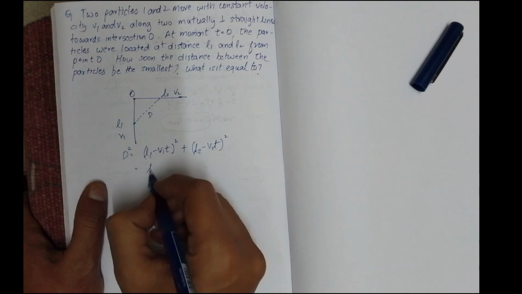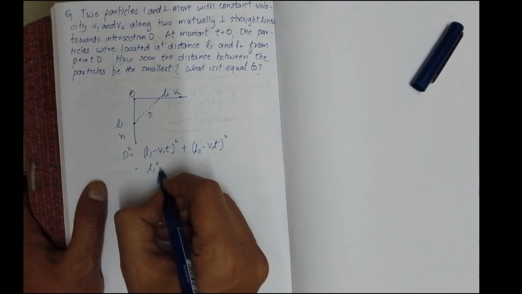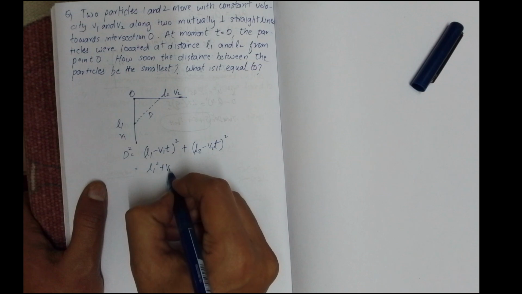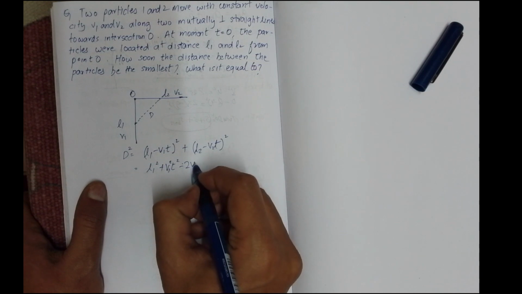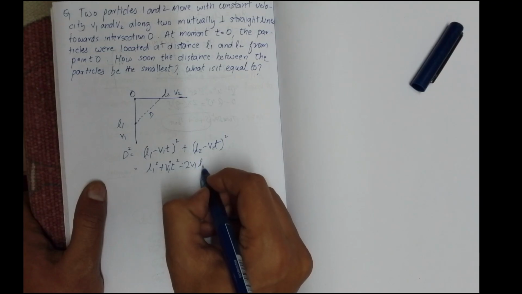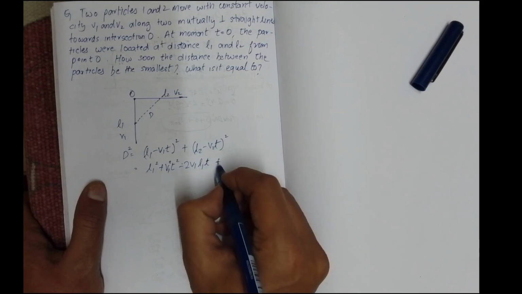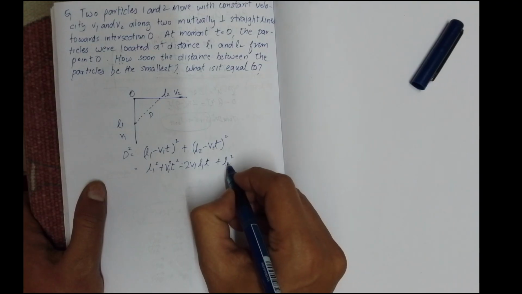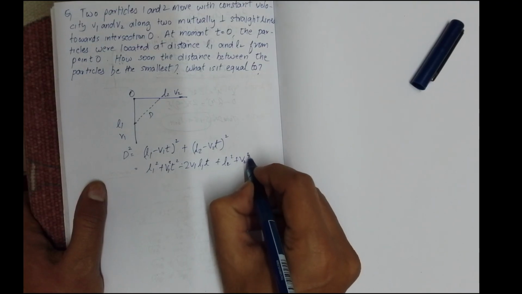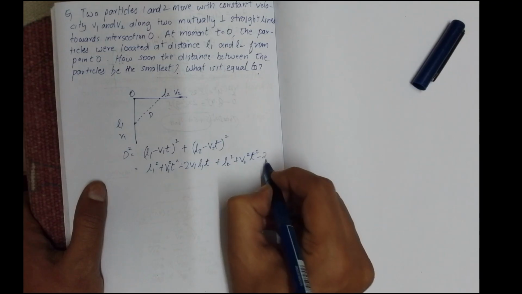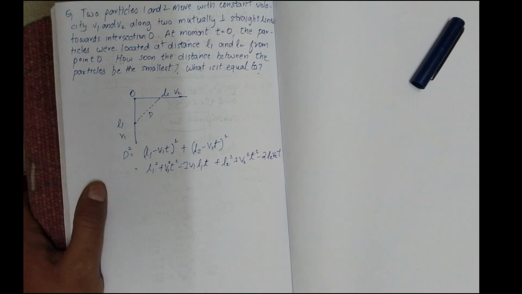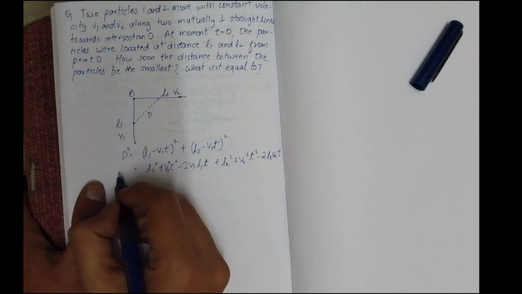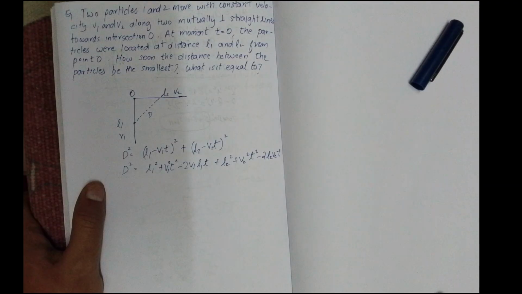Now, if we expand this, L1 square plus v1 square t square minus 2 v1 L1 t, and similarly for the second term with v2 t. I'm considering the square of the distance because it's a little bit simpler to handle.